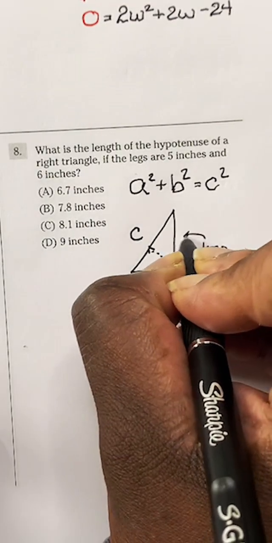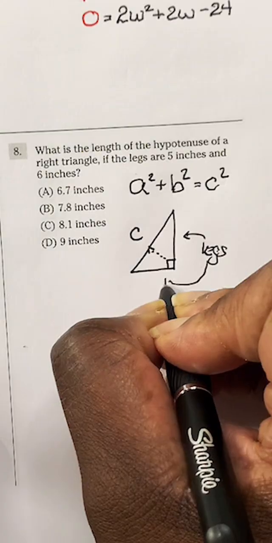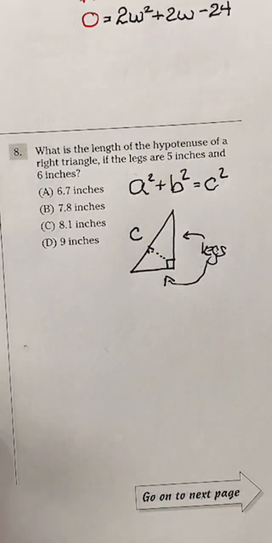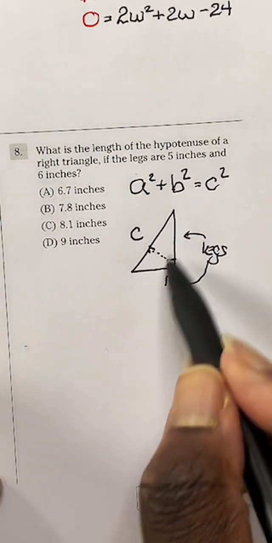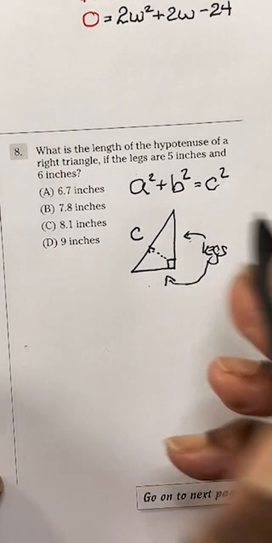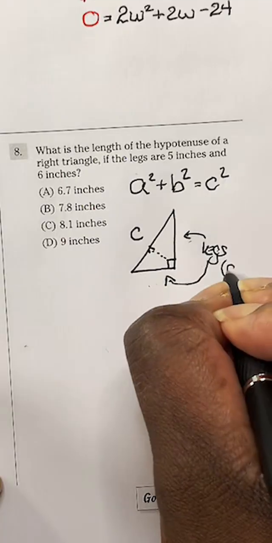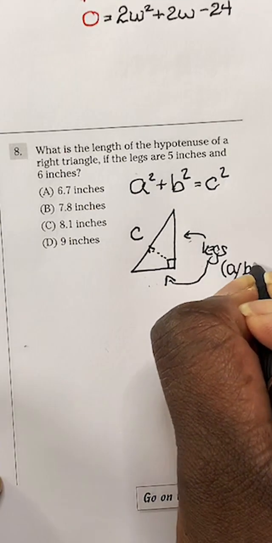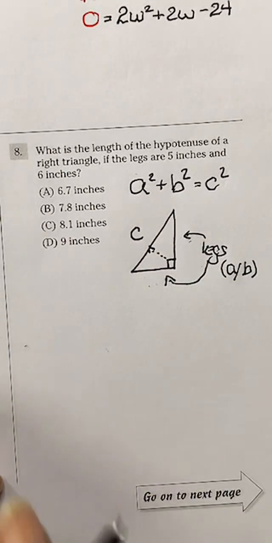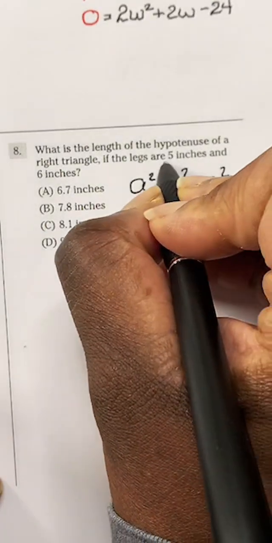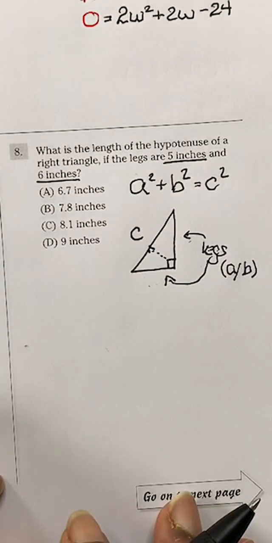I think a lot of people just know they're there, but no one knew what their words were or their full definition. So your legs, it doesn't matter which one's your A and your B, so I'm just going to write A/B because they're interchangeable. They're giving you one leg that is 5 inches, the other leg is 6 inches.